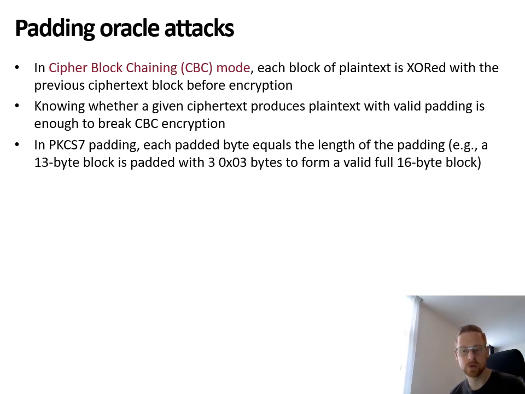So a 13-byte block is padded with 3 bytes that all equal the number 3. A 14-byte block with 2 bytes that all equal the number 2, and a 15-byte block with 1 byte that equals the number 1. That means, in this case, valid padding just means that the last n bytes all have the value n.